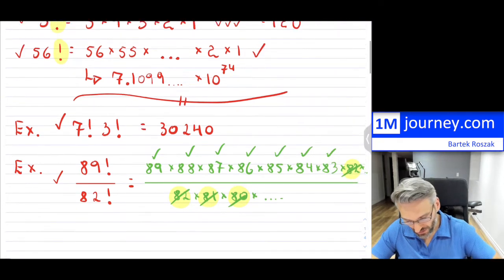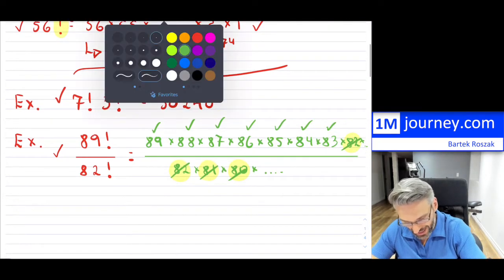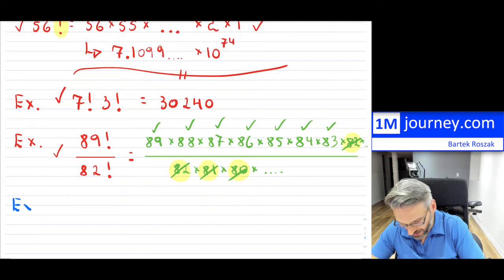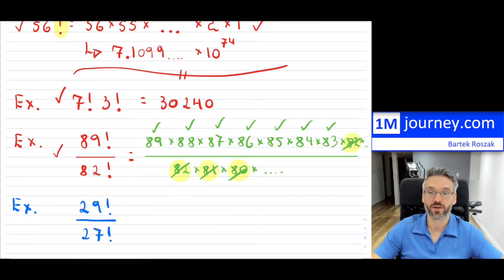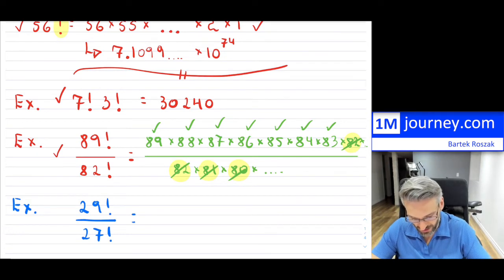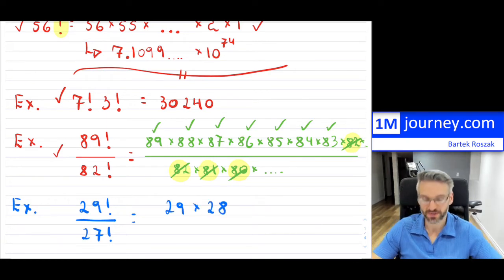And so here is another one, maybe the last one. So if you had 29 factorial divided by, let's say, 27 factorial, you shouldn't necessarily even reach for that factorial button, because here you would have known that this is just going to be 29 multiplied by 28.